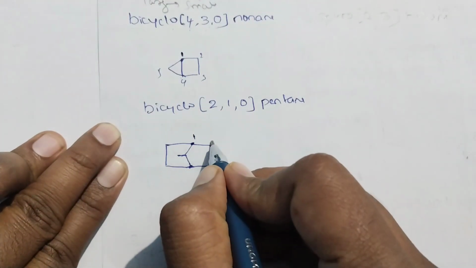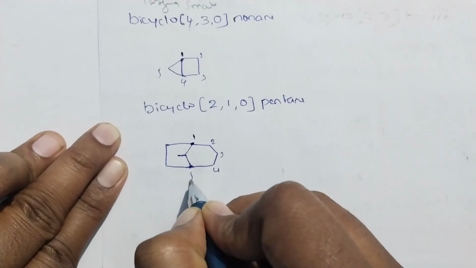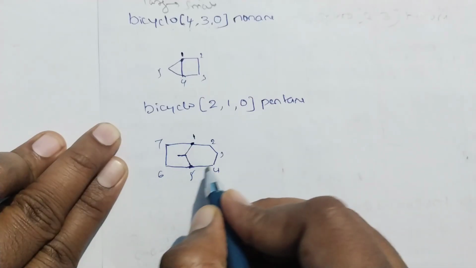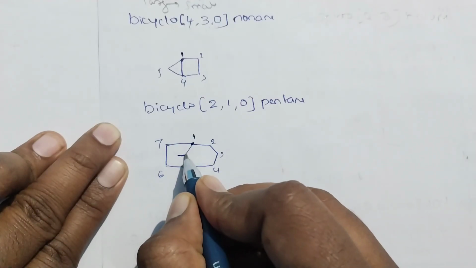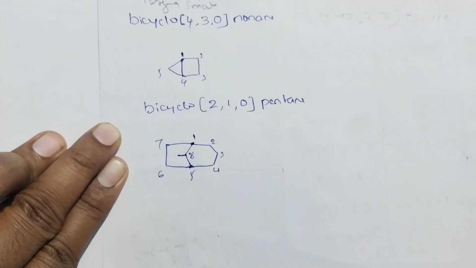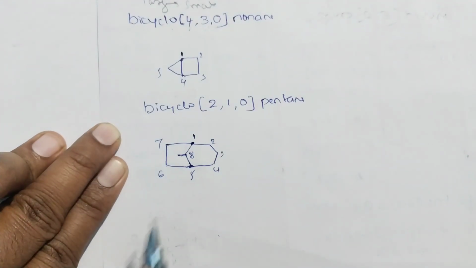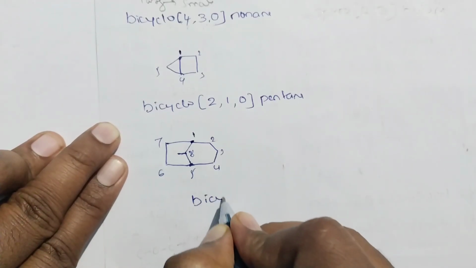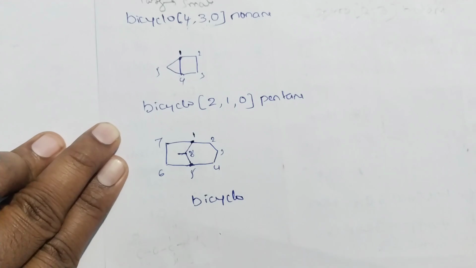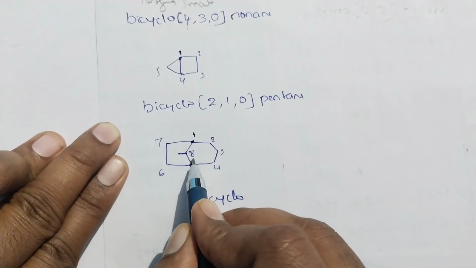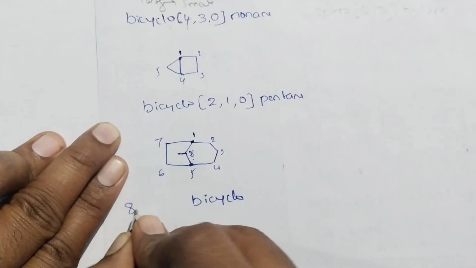So what to do? Give numbers from here: 2 3 4 5 6 7. Here also, this is also a ring, so this carbon should get the number 7, then it will be 8. Bicyclo you write. This is the prefix, that is the secondary prefix. What is the primary prefix? One methyl group is attached at carbon number 8, hence it is 8 methyl.